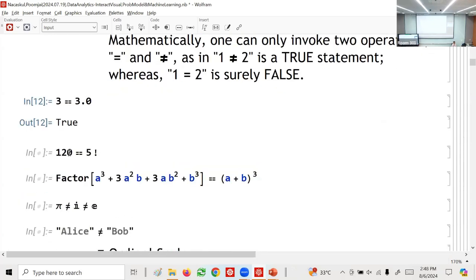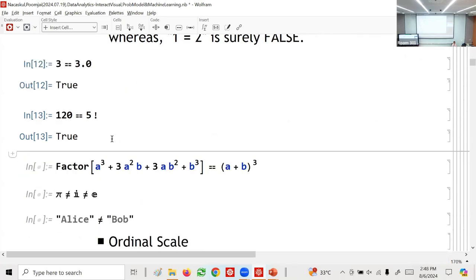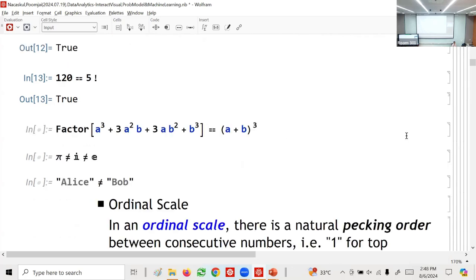Is 120 equal to 5 factorial? Anybody? What's 5 factorial? Okay, so that's true. Well, in fact, just to make the textbook look nice, everything here is true. Now, this is where something right away tells you that we're dealing with something way beyond Python.